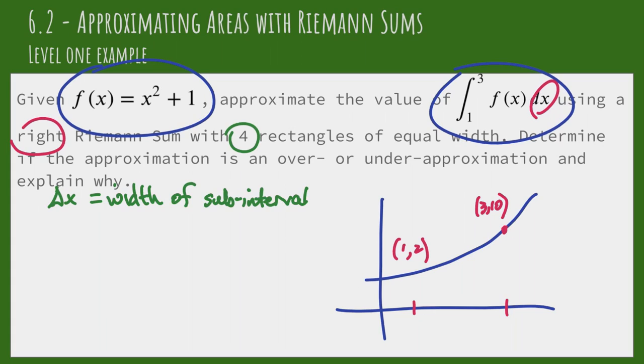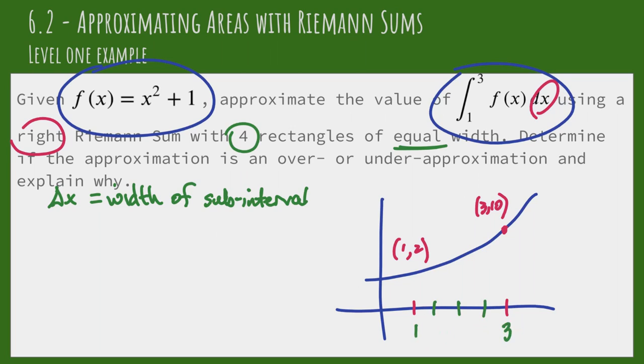And to find that width, essentially we need to know what is the width of the entire interval. If this is a and b, we would find that width by doing b minus a. And then we're going to divide it by the number of subintervals because they are equal in width. So if we're going from 1 to 3, then we're going to use 4 subintervals.